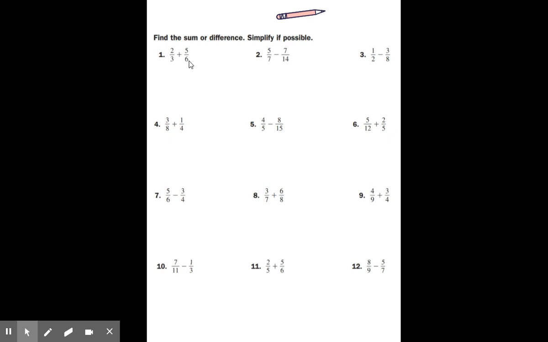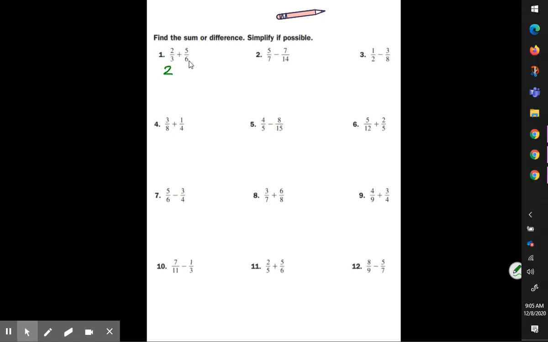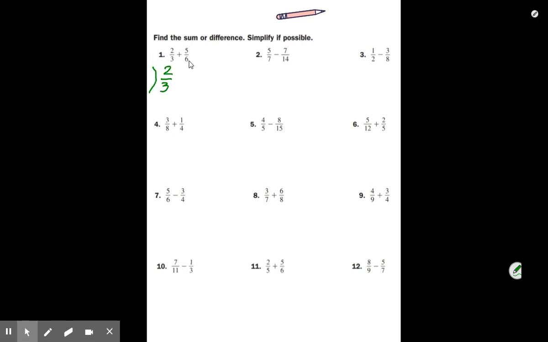Okay, so those two denominators have the common factor of 3. So we're just going to do this. Please watch. All right, so 2/3 can be multiplied by 2/2. I don't know why it's moving when I'm writing. Maybe I'm doing something wrong. So do we have to change the 5/6 at all?